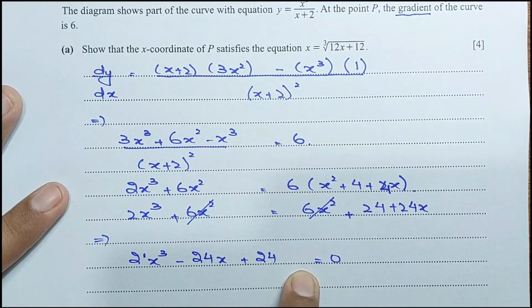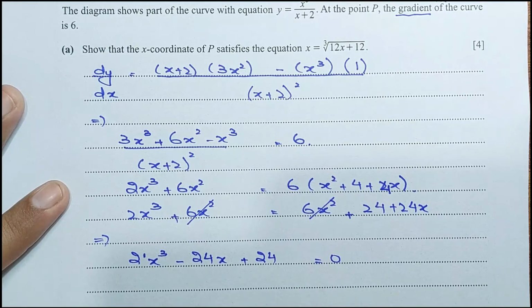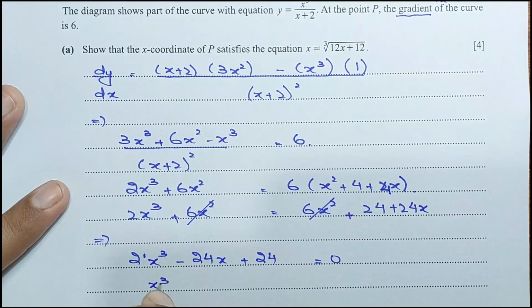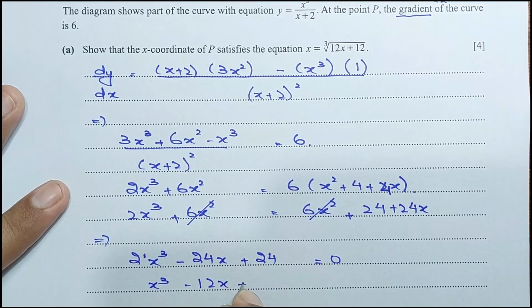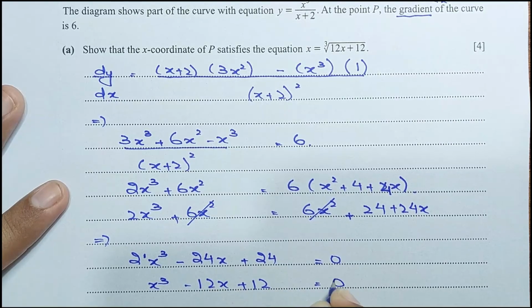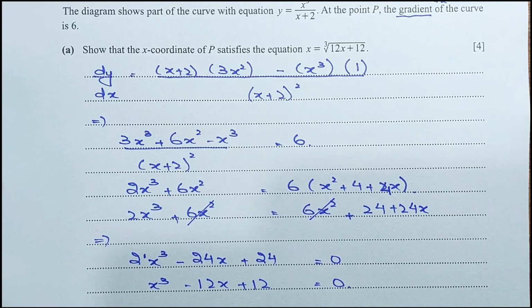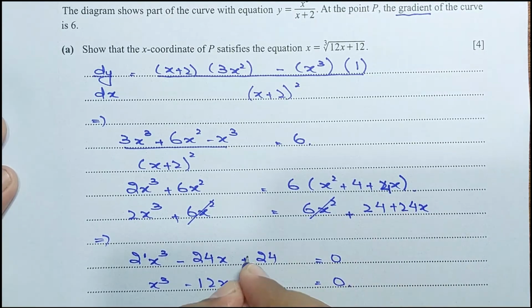Dividing throughout the equation by 2, this side by 2 and this side by 2. 0 by 2 is just 0. So x cube minus 12x plus 12 equals 0. This becomes negative and this becomes negative as well.